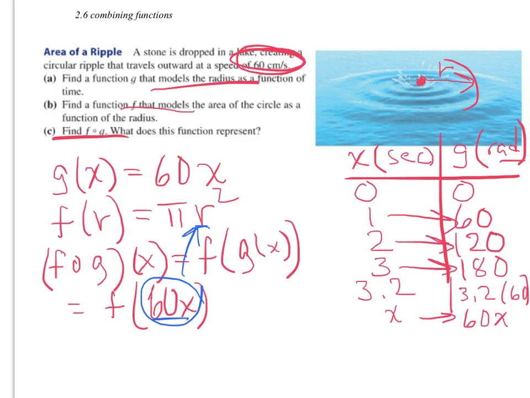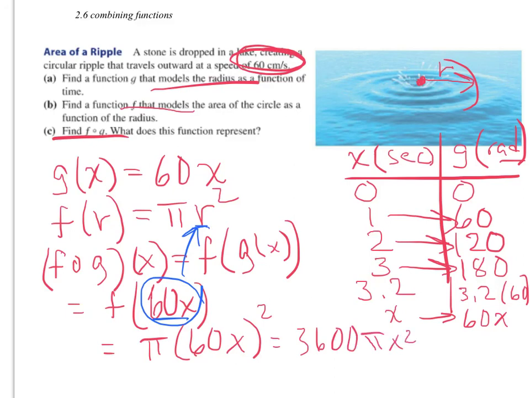And so that's going to give us pi times 60x squared, and that can be simplified to 3,600 pi times x squared. And that is the function that tells us the area of the circle after x seconds has elapsed.